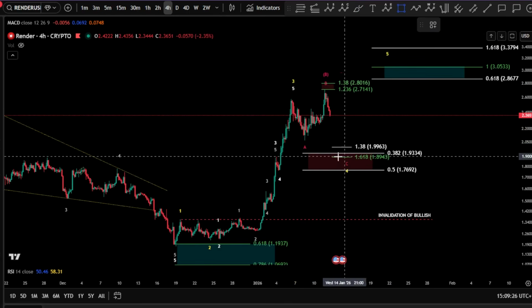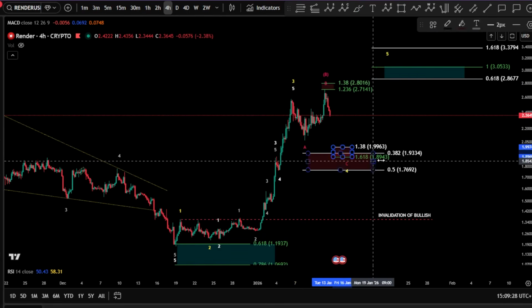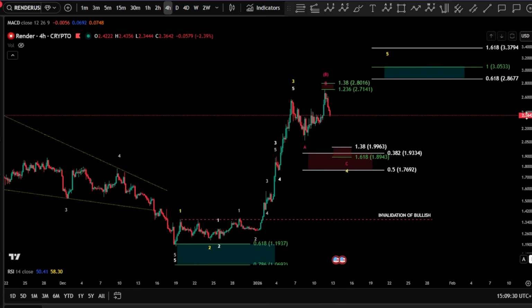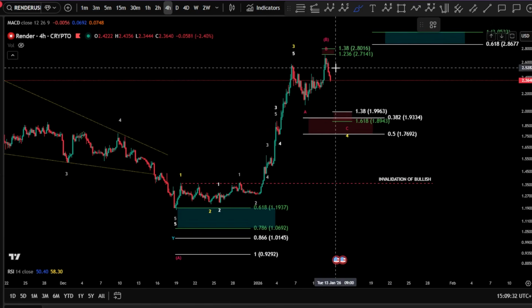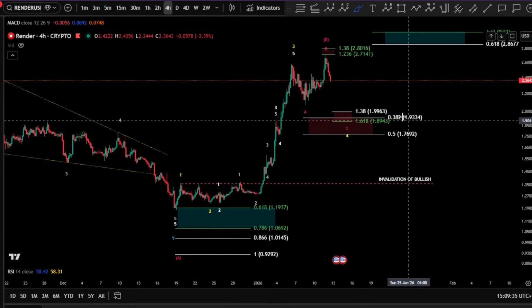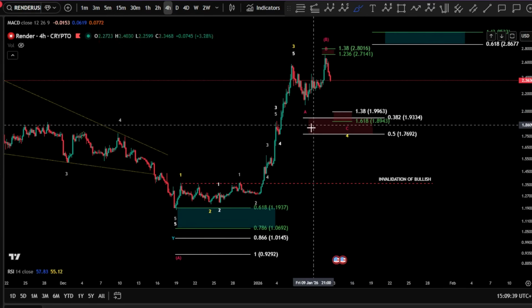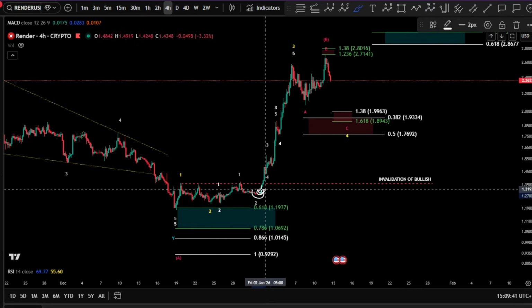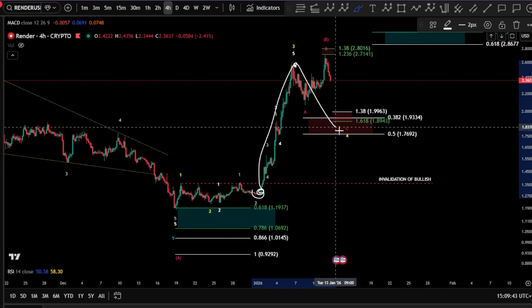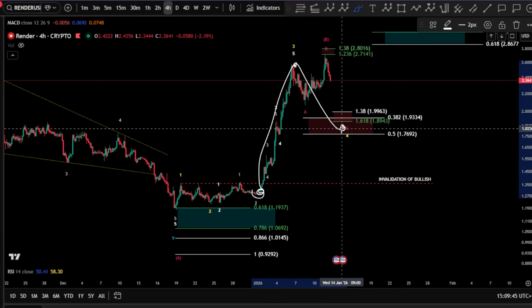The confluence for this target is between the 1.38 and 1.618, the most common target for wave C here, which is in confluence again within the 0.38 and the 0.5 fib level taken from the wave 2 to the wave 3 as a retracement for wave 4.